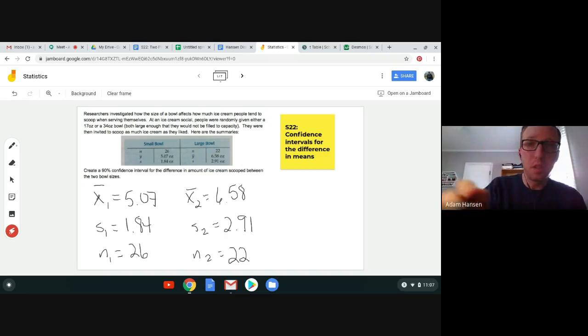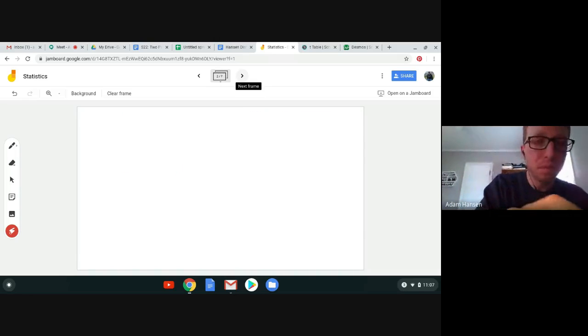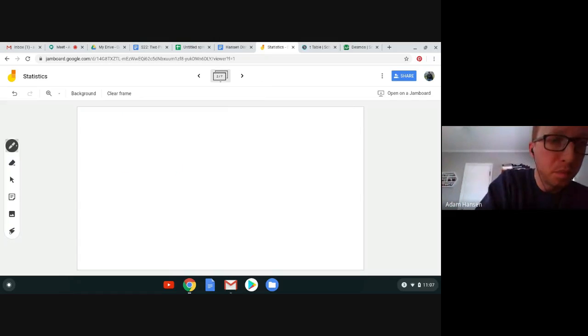All right, so the formula we're going to need, if I write it on the next page, is this. X bar 1 minus X bar 2. That would be the difference in our sample means, plus or minus the margin of error.